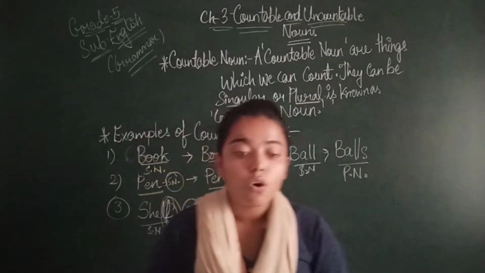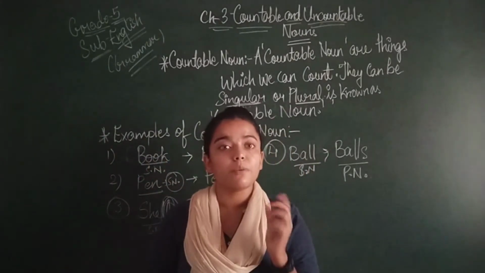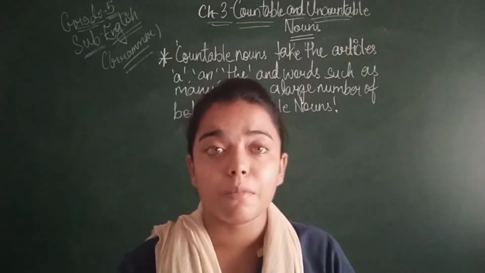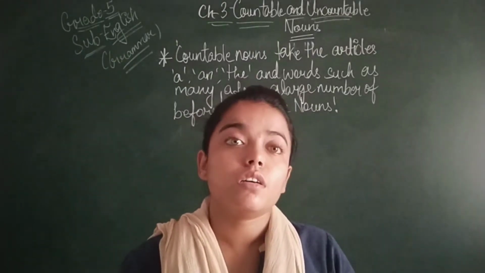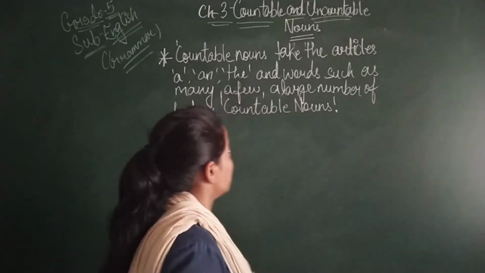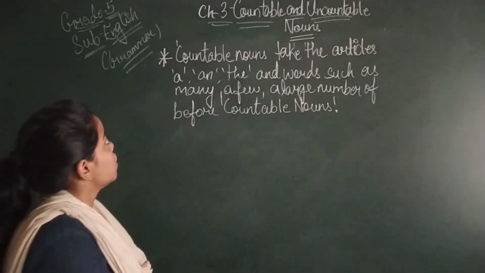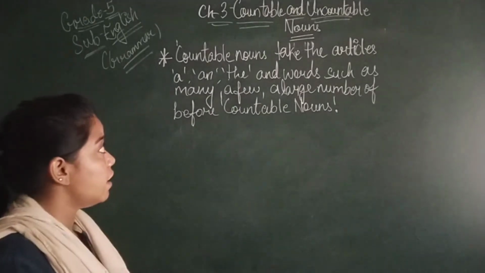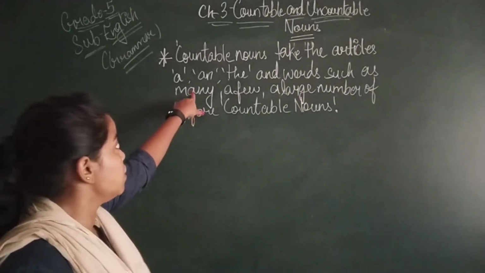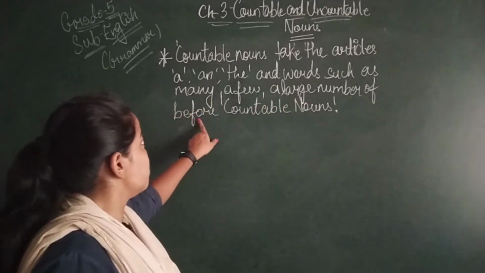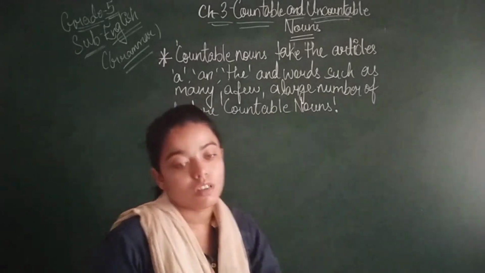So now we will see some important things about the countable nouns in your grammar textbook, in chapter number 3, countable nouns. So let's see. Countable nouns take the articles a, an and the, and words such as many, a few, a large number of before countable nouns.